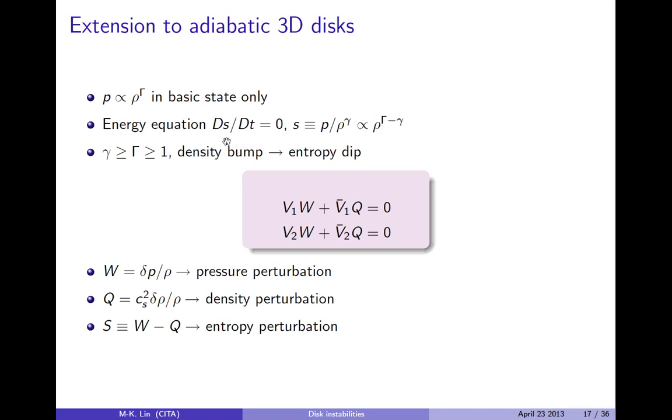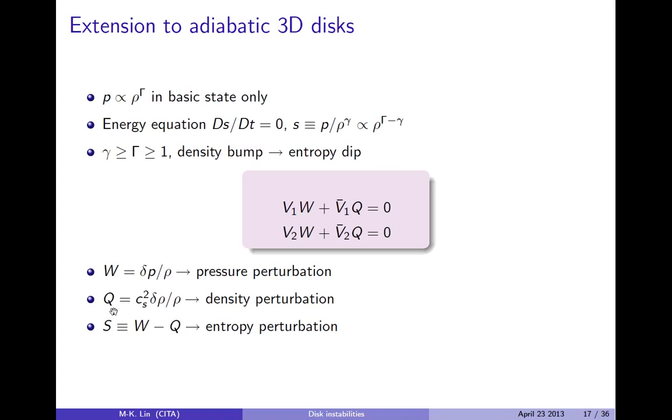I'm now going to include an energy equation for the problem, and I'm going to say the entropy is conserved following a fluid element. So I go through the linearization procedure, and I obtain two partial differential equations. The V's are partial differential equation operators. W is my pressure perturbation. Q is my density perturbation. Now we are in a non-barotropic disk, so in general, W and Q are not the same.